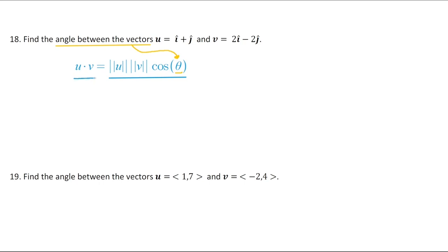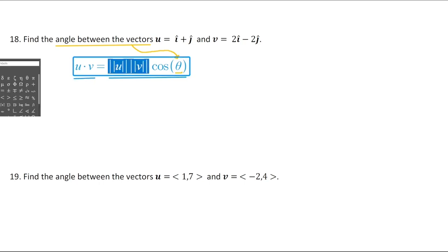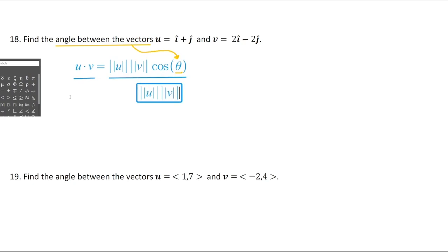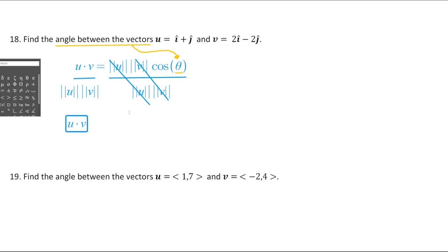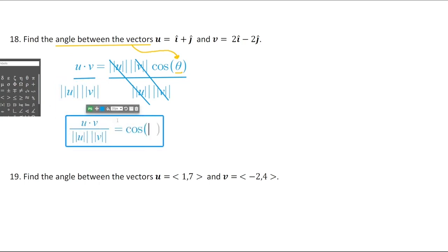So I'm going to divide both sides by these magnitudes. And what I'm doing here is just trying to isolate theta. These will reduce out on the right hand side, and so you'll have u dot v divided by the product of the magnitudes of u and v, and that equals cosine theta.